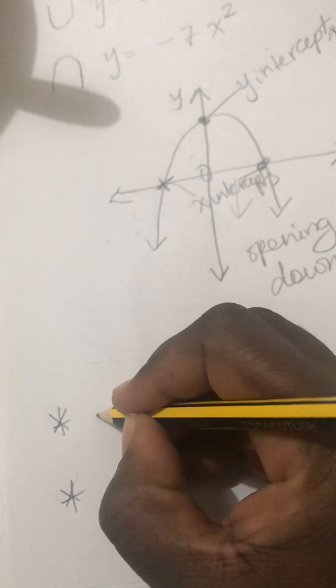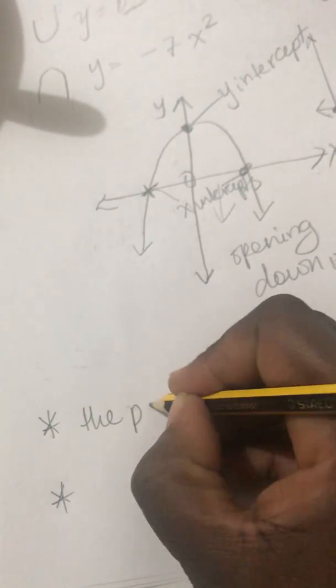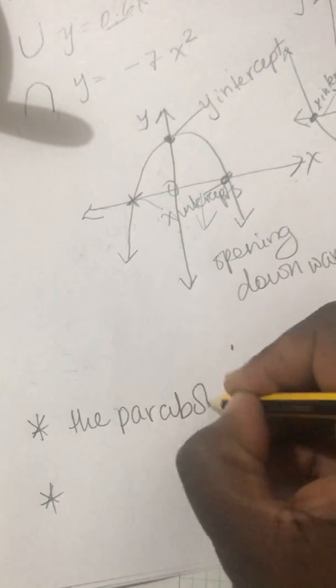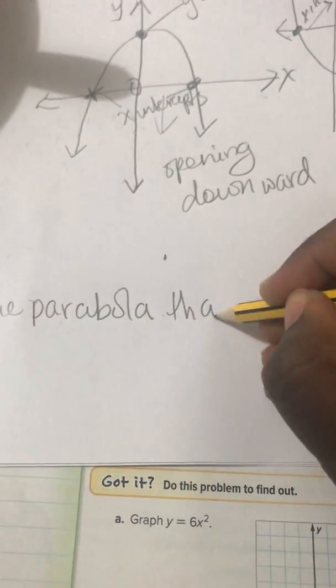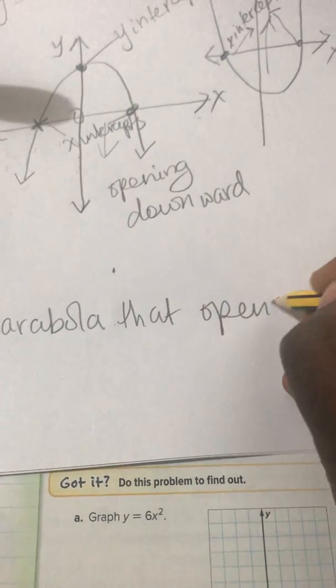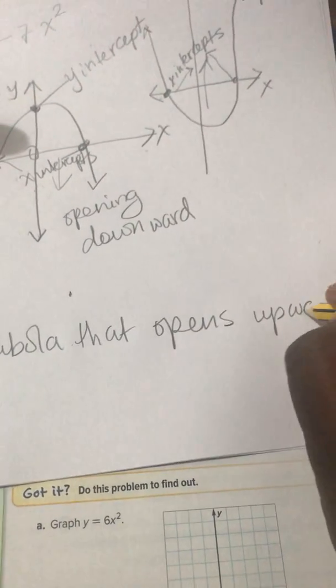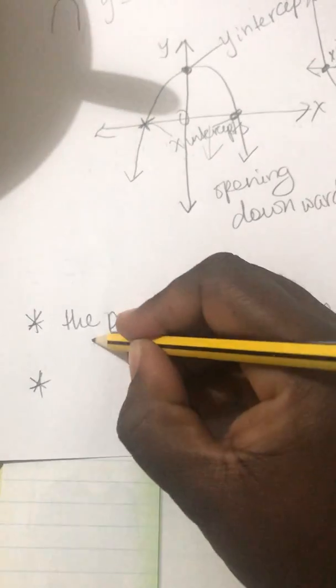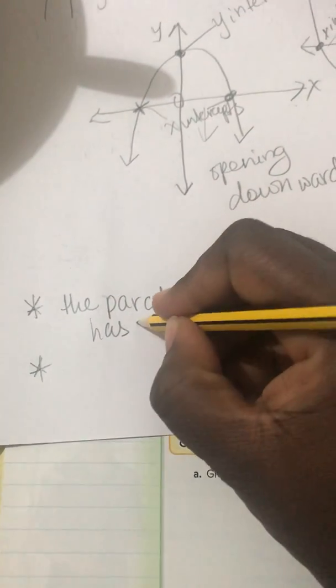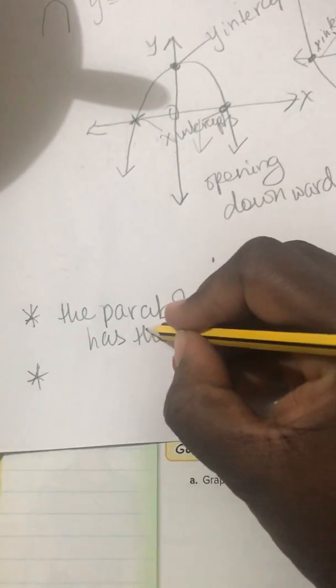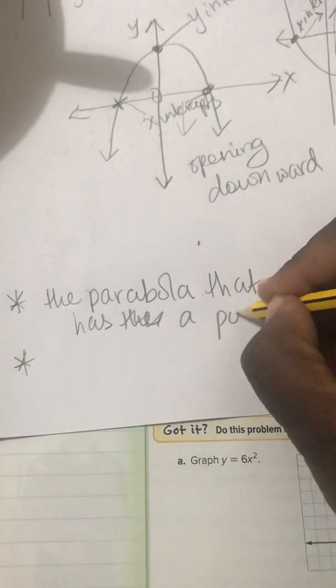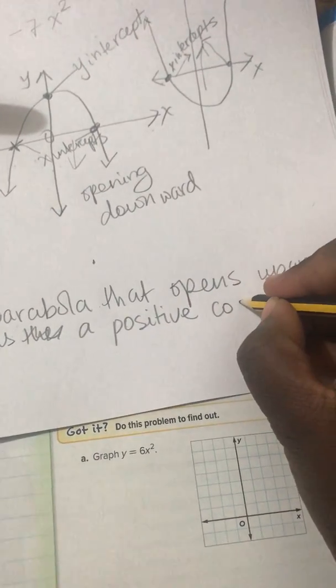So remember to write those important notes. The parabola that opens upwards has a positive coefficient of x squared.